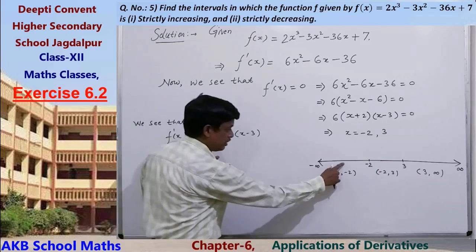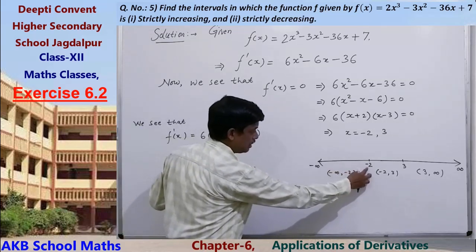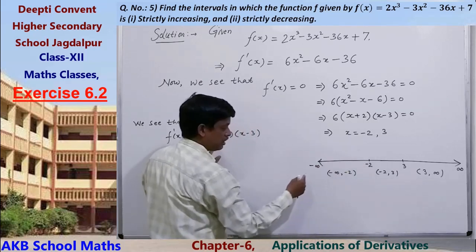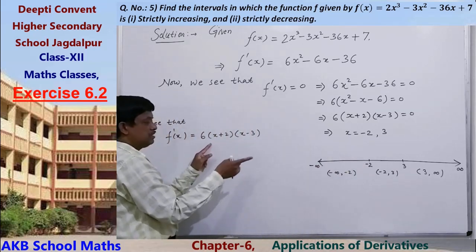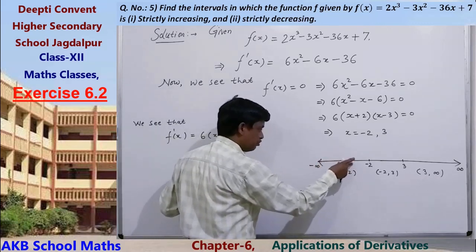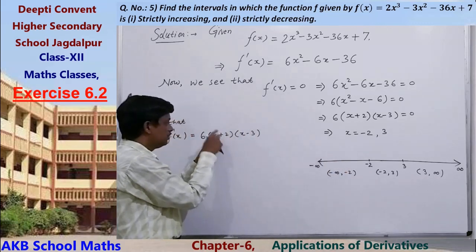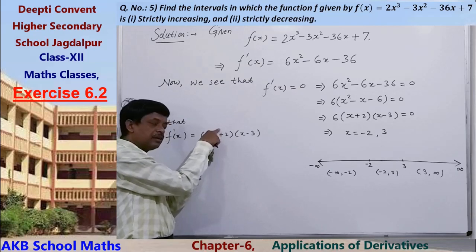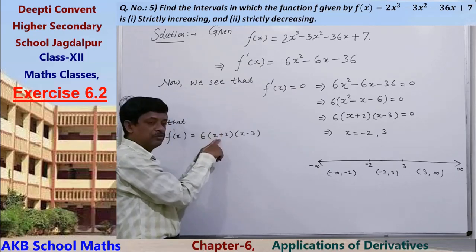In the interval where all values are less than minus 2, if we put any value from there, we get a negative value.